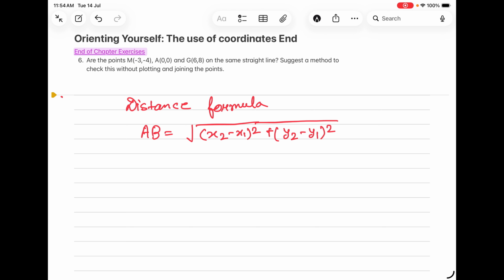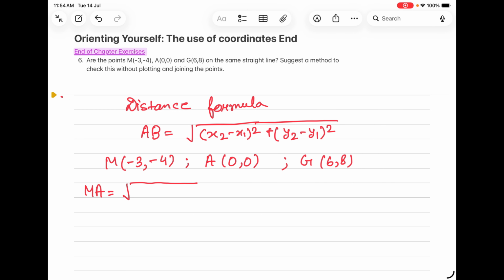So the given points are M(-3, -4), A(0, 0) and B(6, 8). First we find MA. What is the distance of MA? So using the distance formula we have to find out.